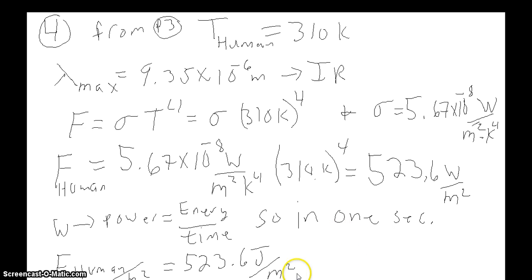Well, the thing is, this is power. Watts are units of power, but power is just energy per unit time. A very typical thing that we do is say, okay, in 1 second, what would be the amount of energy? If this is the power, which is the amount of energy per second, that's what power is.